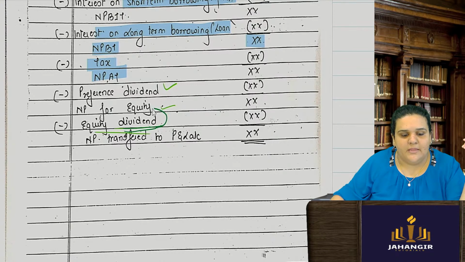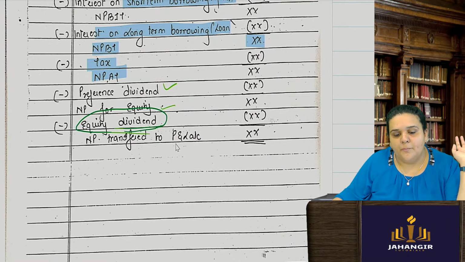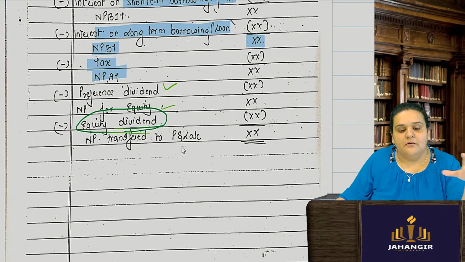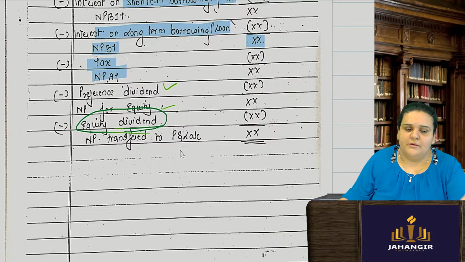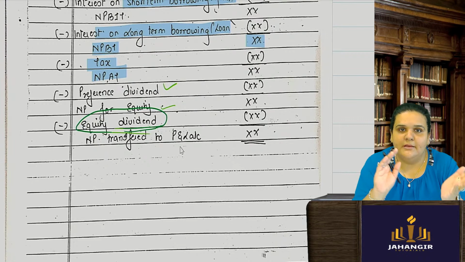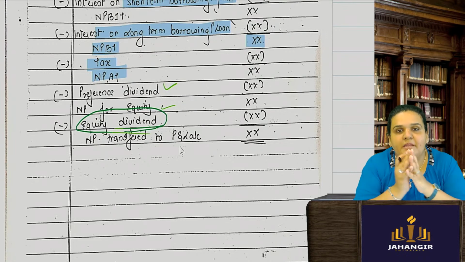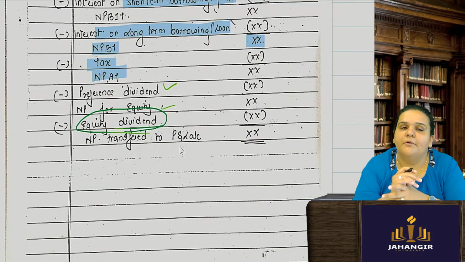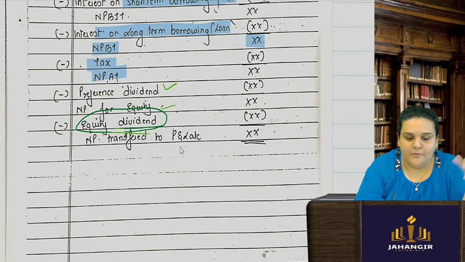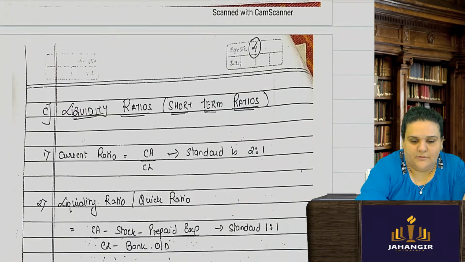So if I subtract my equity dividend also, then I will transfer whatever is available to P&L account or a reserve account, etc. But generally, companies have a practice of transferring some amount to reserves first and then declaring the dividend. But any one of the thing can be done. Okay. So whatever is left after the equity dividend is then transferred to the profit and loss account. Okay. To the reserves account.